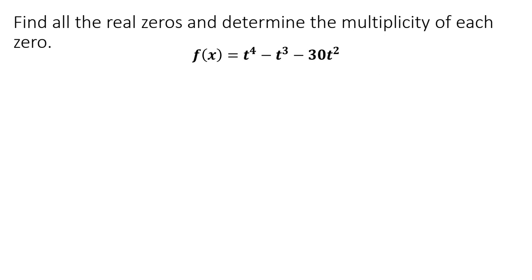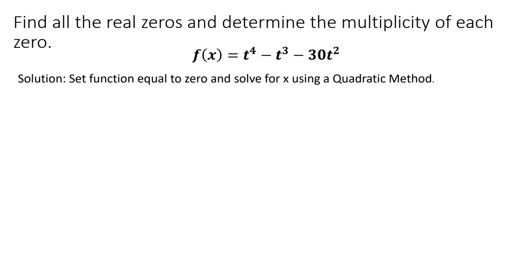Find all the zeros and determine the multiplicity of each zero. Here we have f of x is equal, or actually this should be t, right? f of t equals t to the fourth minus t cubed minus 30t squared. First I'm going to set it equal to 0 and use any of our quadratic methods.